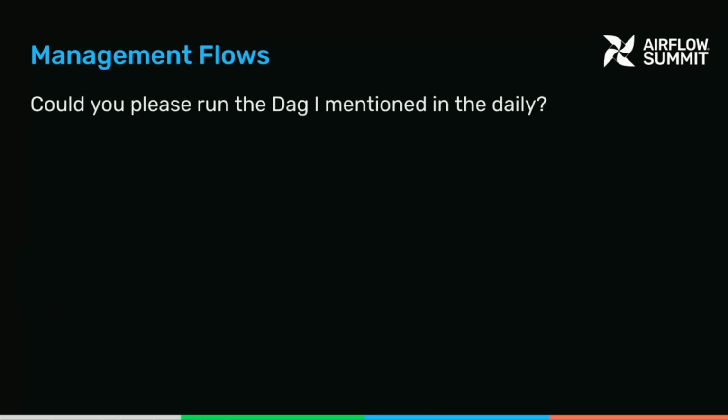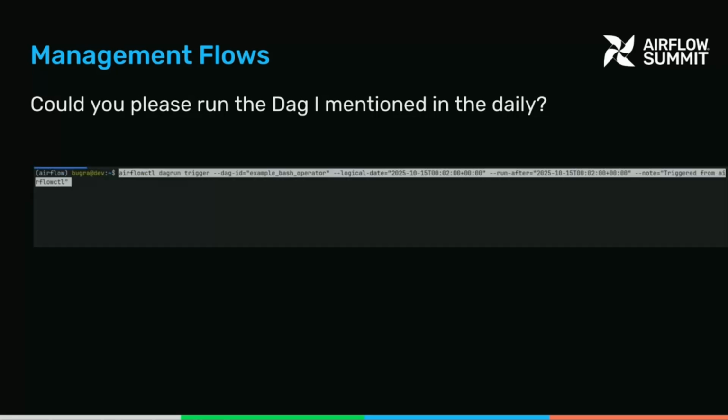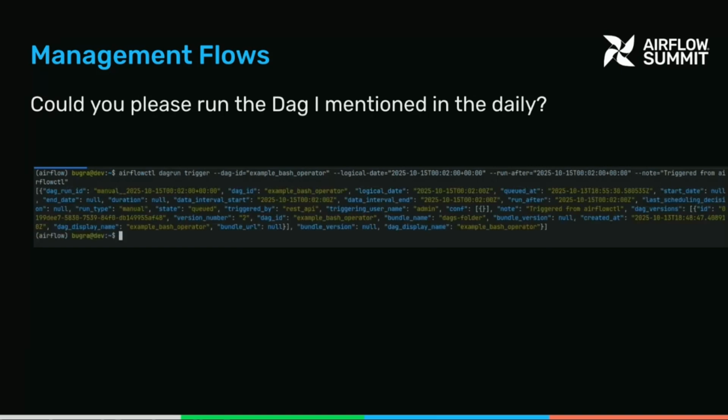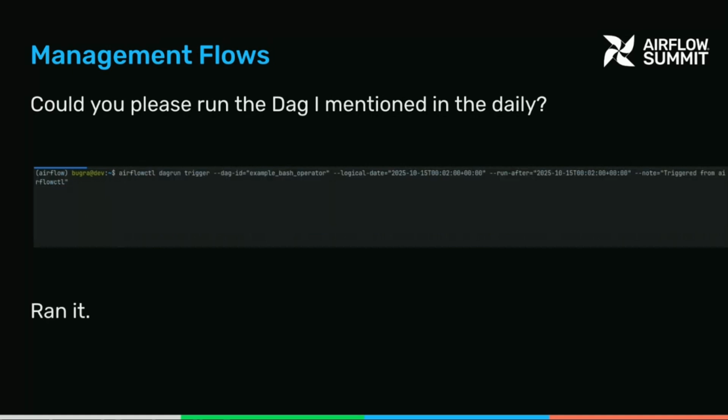Maybe another one: I just want to run a DAG, or I ask someone to run a DAG because I'm in a meeting, I'm in an incident. What I'm doing is just using Airflow CTL dagrun trigger, similar to what we do with Airflow CLI, but going to the DAG run endpoint and triggering our DAG.